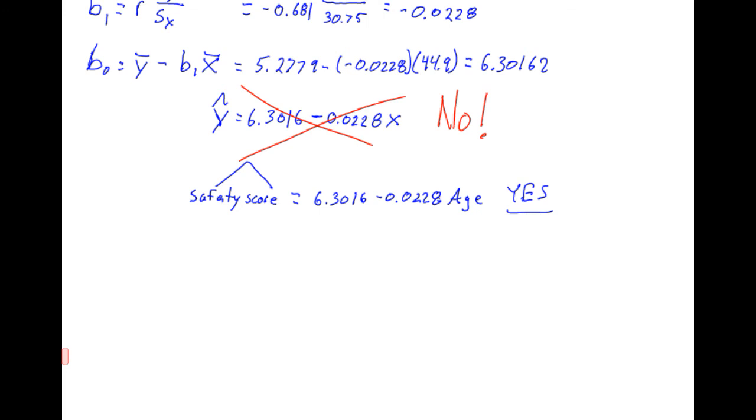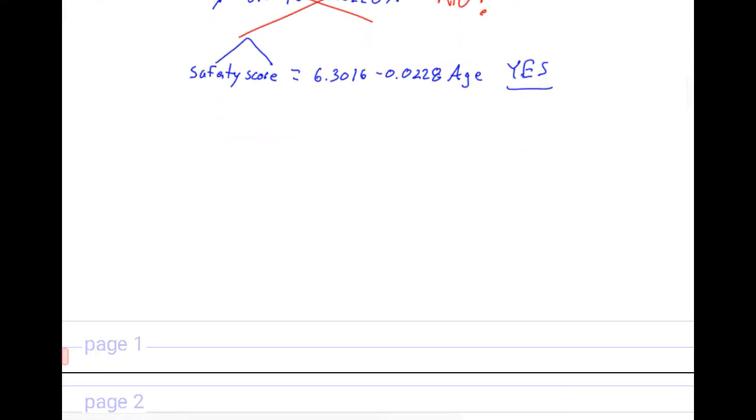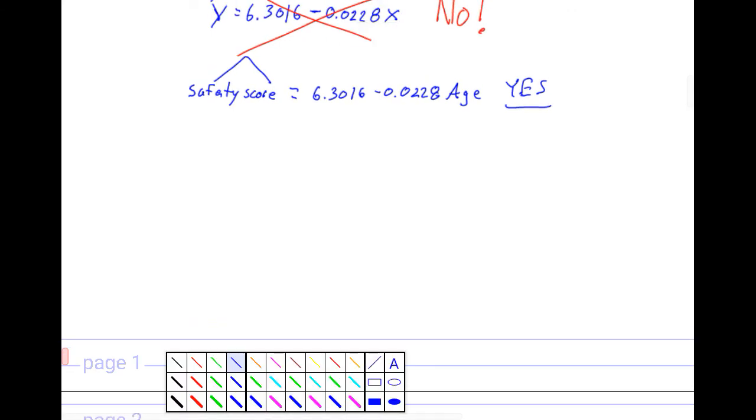Now, the problem asked, is there a relationship between them? There is, and let's say what it is. So, there does appear to be a relationship between age and safety score.